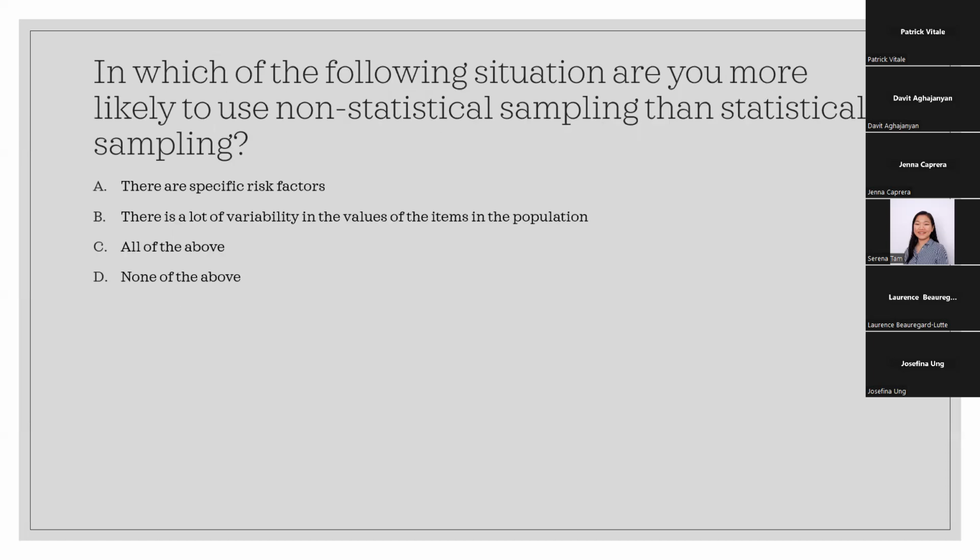Which of the following situations are you more likely to use non-statistical sampling than statistical sampling? There are specific risk factors. There's a lot of variability in the values of the items in the population. Okay, so we're saying C, all of the above.